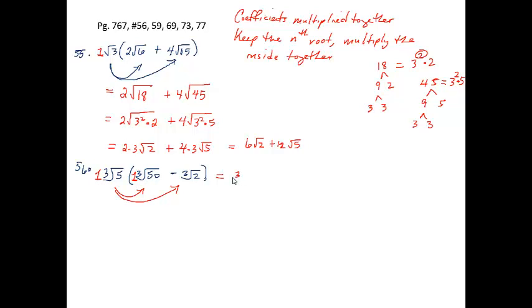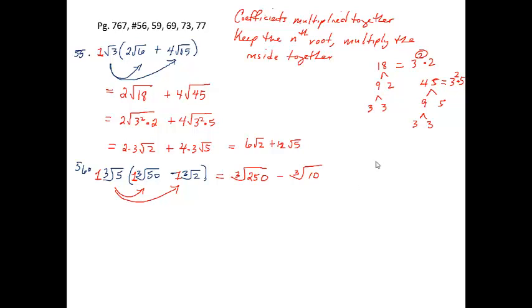Keep the cube root, and then 5 times 50 is 250. Good. Minus, again, this coefficient's 1, so 1 times 1 is still 1. Keep the cube root, and then it's 5 times 2, which is 10.